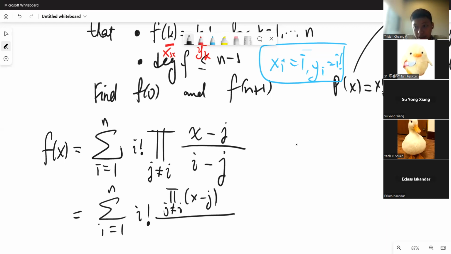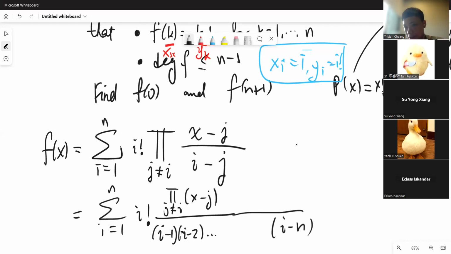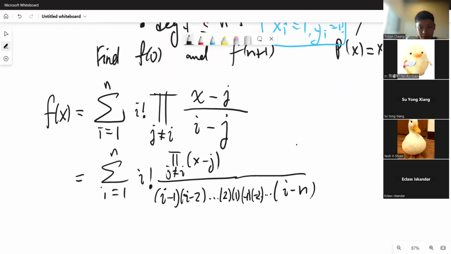So 1, 2, 3, and so on until n. But i minus n is negative already, because i is always less than or equal to n, so at some point we must pass through 0. So 2, 1, then we have the i minus i case, which we skip, so that becomes -1, -2, and so on. This is the exact expression for the denominator. Is anyone not clear at this step?